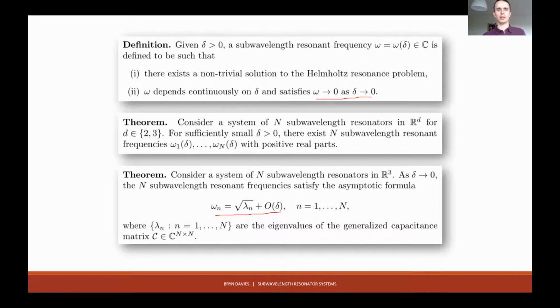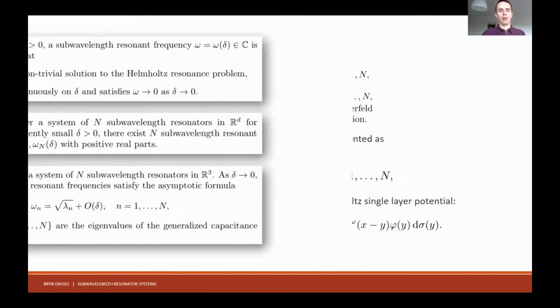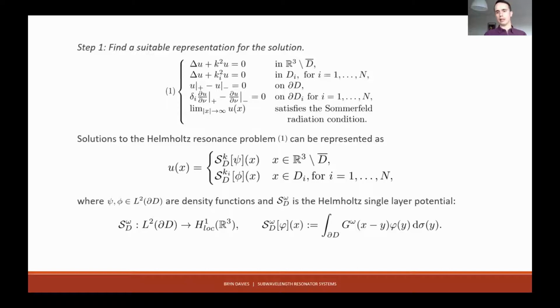So I'd like to spend a couple of minutes giving some insight into how we arrive at this result, because I think it really demonstrates the key points of this analysis. We're doing boundary integral equations here, so the first step is to realize that we can represent solutions to this Helmholtz problem using the corresponding Helmholtz single layer potential.